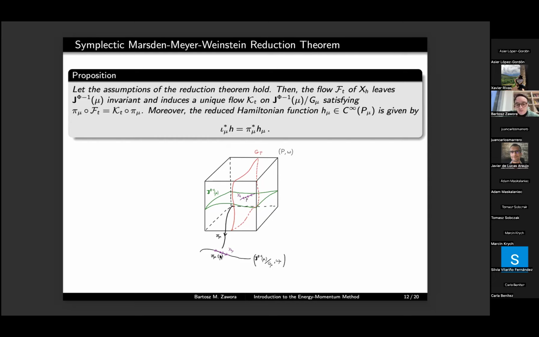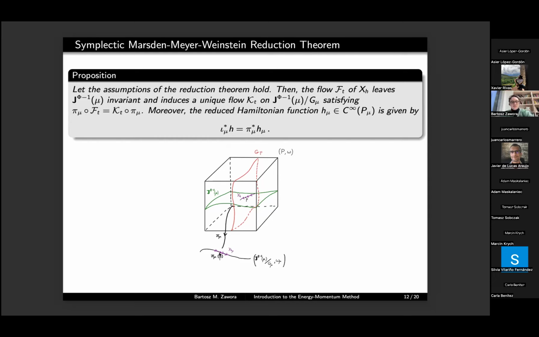So this means that on the reduced space, we may have a point that is an equilibrium point of the reduced Hamiltonian vector field, but it's not an equilibrium point of the initial Hamiltonian vector field.